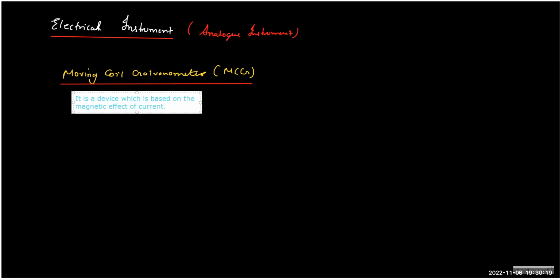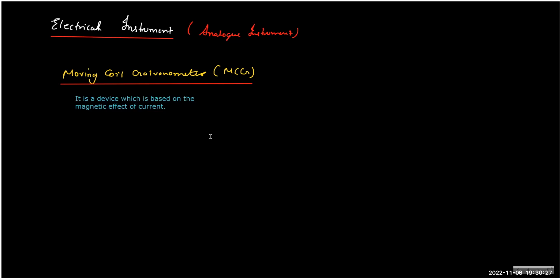The basis on which it is designed is called the magnetic effect of current, and this will be taken care of in detail in the next chapter, magnetism. But right now, you just need to know that there is a device called the moving coil galvanometer, and it is based on the magnetic effect of current.